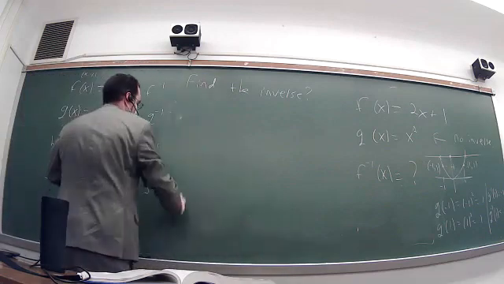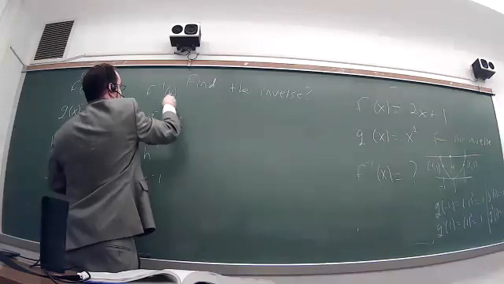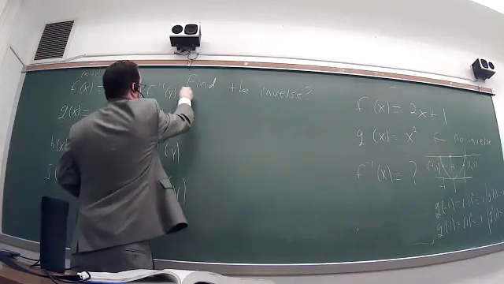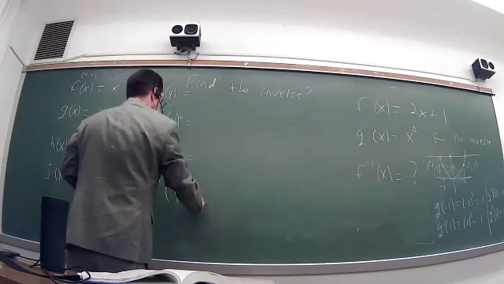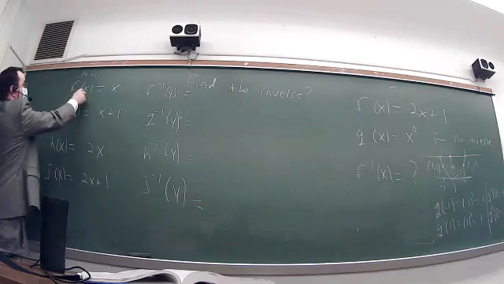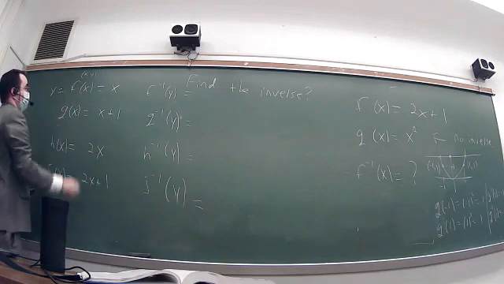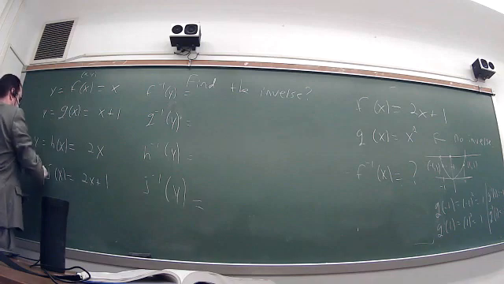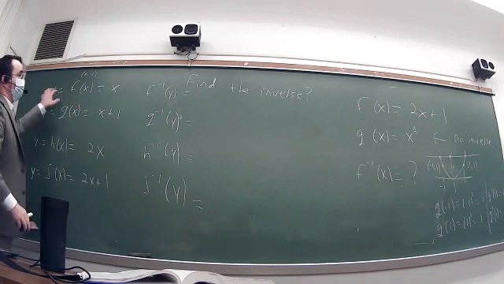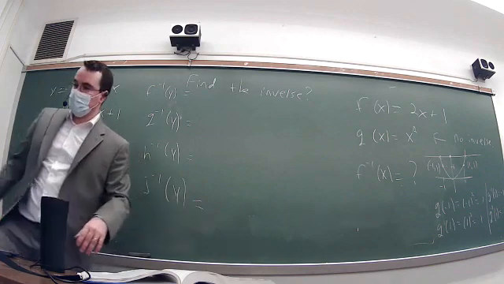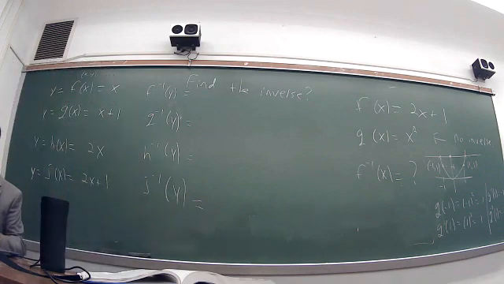So maybe I'll even write the variables: f inverse of y. So the input and the output get switched. You can write y equals f of x, you can write y equals g of x. So your x and y values are getting switched to find the inverse. So take a few moments for each one. Find the inverse function.